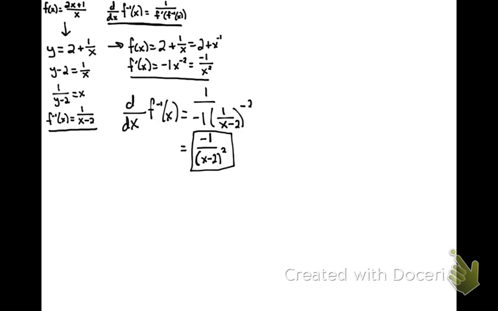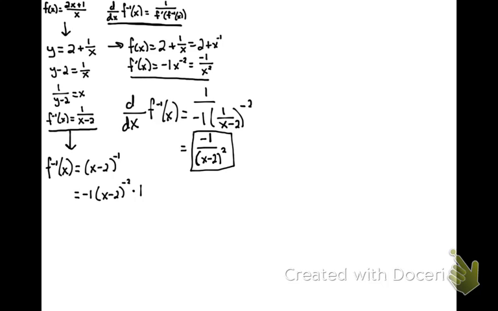Then we're told to verify this by using direct differentiation of the inverse. So since this is the inverse, I will find its derivative. I'm going to rewrite the inverse as x minus 2 to the negative 1 power, and use the chain rule to take its derivative. So this would be equal to negative 1 times x minus 2 to the negative 2 power times the derivative of the inside, which happens to be 1.